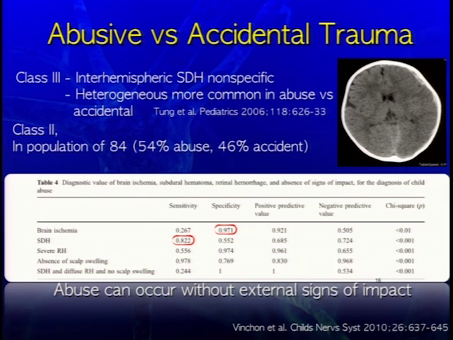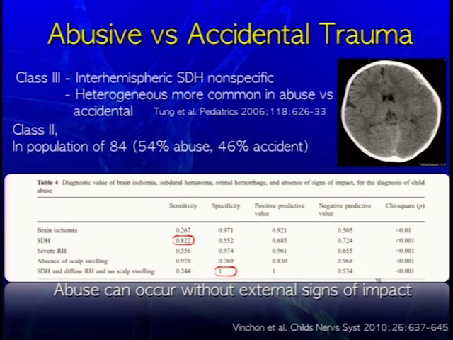Taking as gold standard those cases that were convicted for child abuse, these are the results shown in this paper from 2010: brain ischemia was highly specific for abusive head injury. Subdural hematomas were sensitive, although not specific.